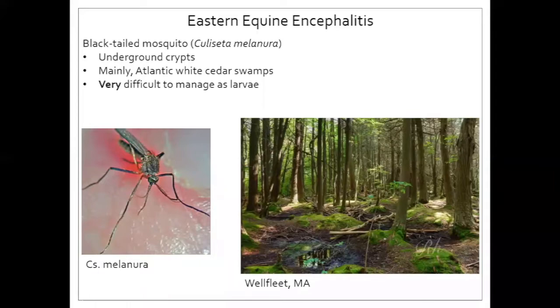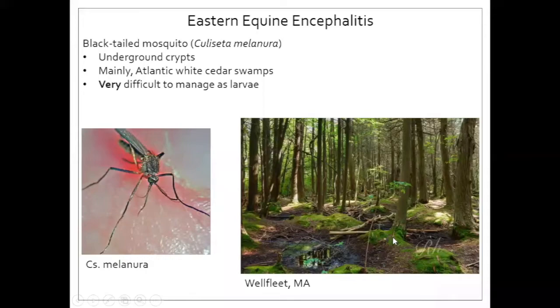This black-tailed mosquito is very interesting. It breeds in underground crypts. So if you look at this photo on the right, you can see these little mounds that might appear at the base of trees covered in moss. That's actually the tree's roots. And this mosquito is very clever. It will actually fly underneath the ground. There are little holes and little gaps in the soil where the mosquito will fly in.